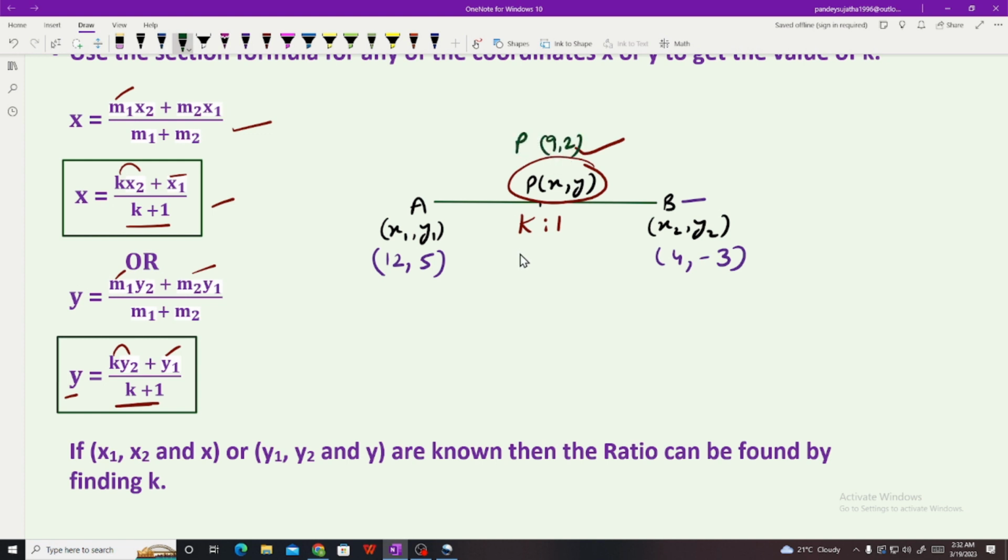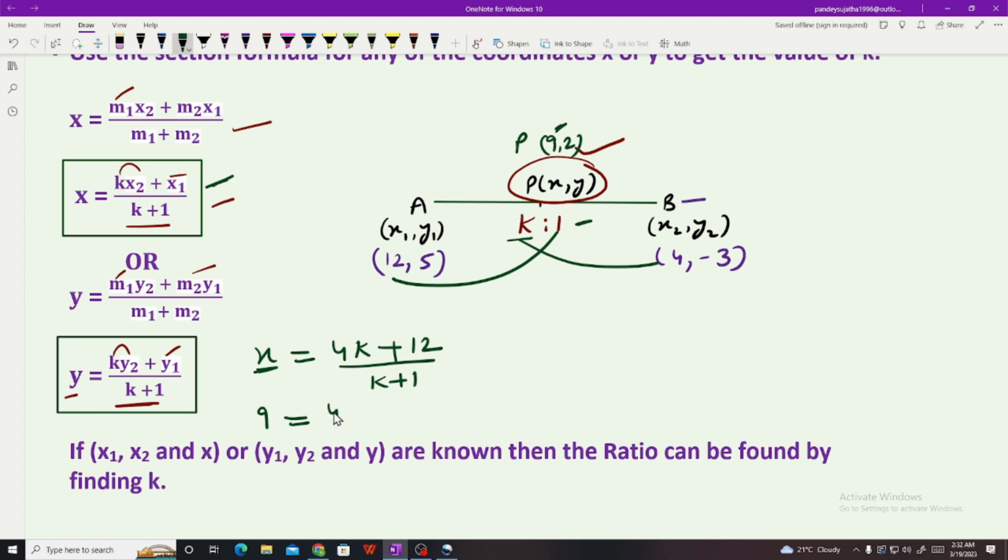So now to find the ratio, we are going to use the section formula, that is the x coordinate will be equal to k into x2, that is 4k, plus 1 into x1, that is 1 into 12, that is 12, upon the sum of ratio, that is k plus 1, which is equal to the value of x, that is given, the x coordinate is 9.